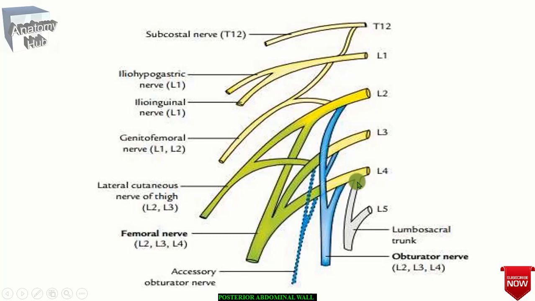The lower smaller part of the ventral ramus of L4 joins with the ventral ramus of the L5 nerve to form the lumbosacral trunk, which takes part in the formation of your sacral plexus.